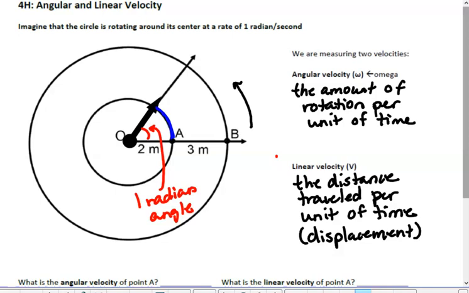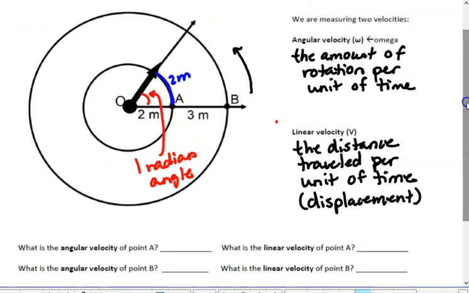So this point is also moving a distance of 1 radius length, in this case 2 meters, in the same amount of time. So the angular velocity of point A is 1, and remember I mentioned in the previous section that radians are a unitless measure, so I'm going to put it in parentheses. It's 1 radian per second, but technically the word radian isn't there. Now the linear velocity is 2 meters per second, because that is the distance traveled by point A in the same amount of time.